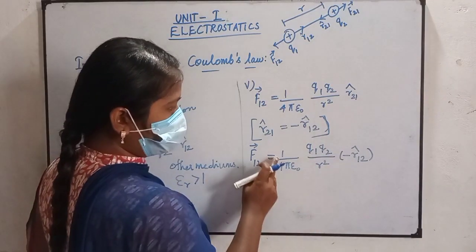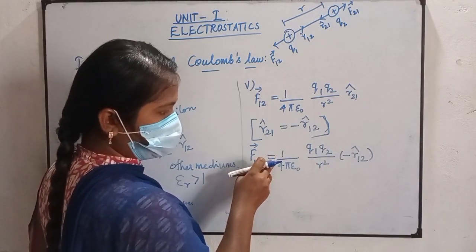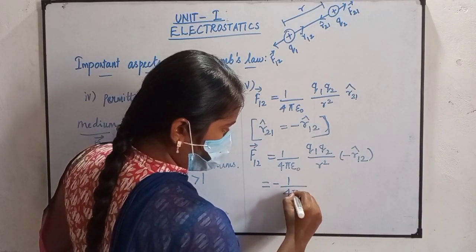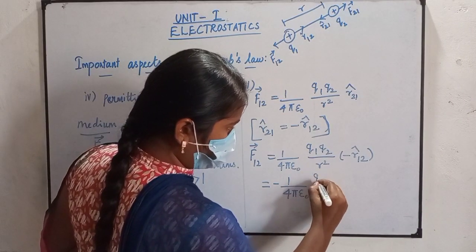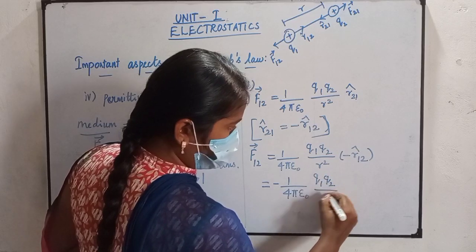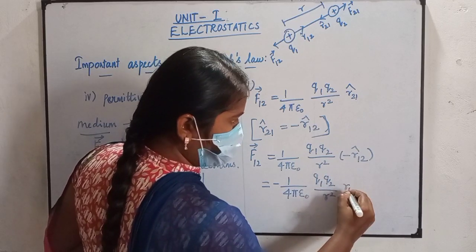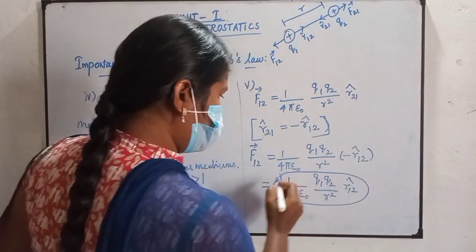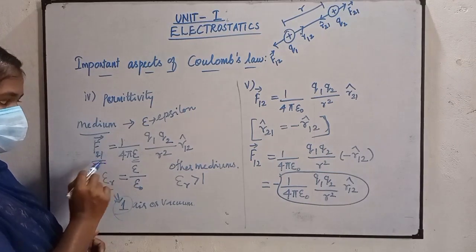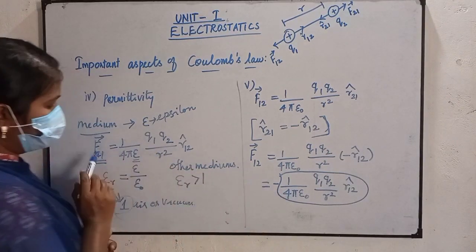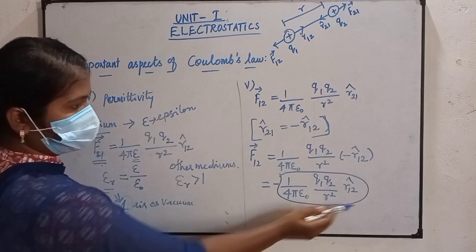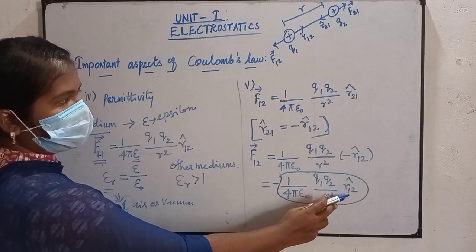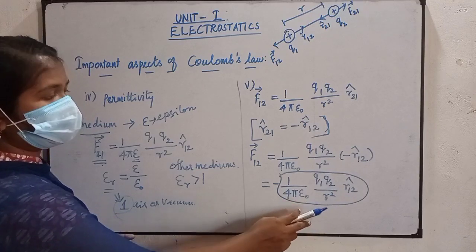Now I put the minus in front of the equation. It is equal to minus 1 by 4 pi epsilon naught Q1 Q2 by R squared R12. This value is F21. So 1 by 4 pi epsilon naught Q1 Q2 by R squared into R12 is the equation of F21.